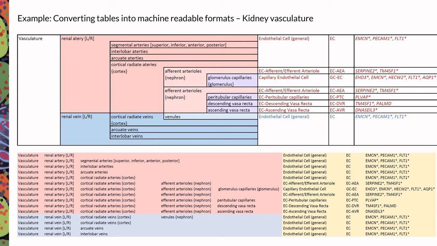We are very, very interested to explore using the vasculature as a unique addressing system for the human body, because almost every single cell in the human body needs to be fed by blood or will die very quickly. And so this can then be represented for the kidney in this table up here. And then a flattened version of that table that is much more machine readable is shown below, just so that you get an understanding of what these flattened tables currently look like.